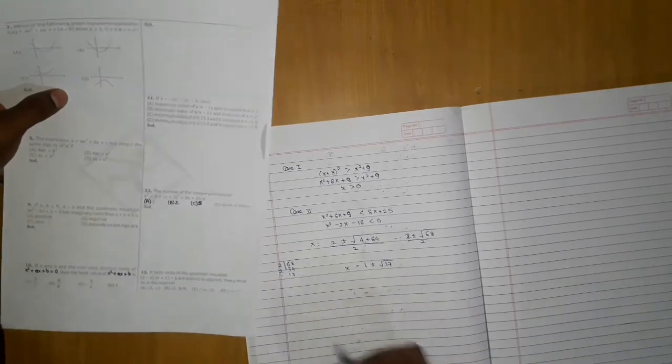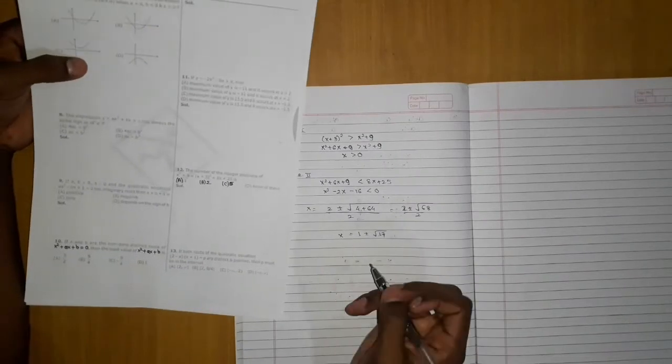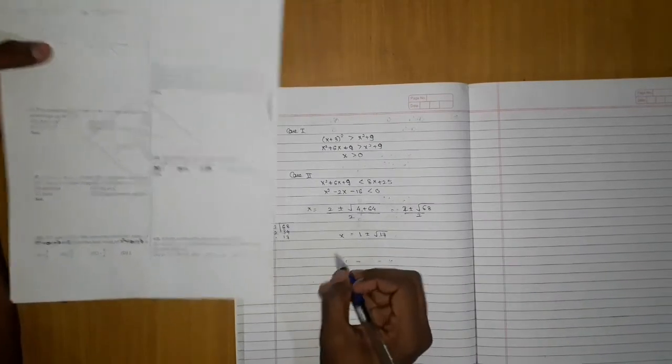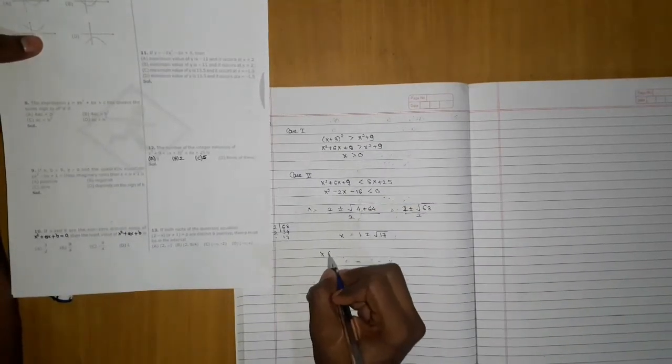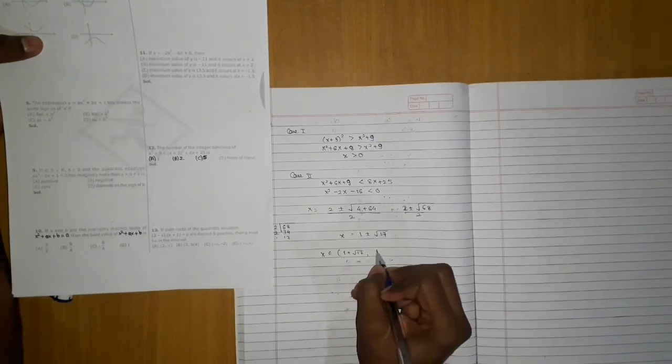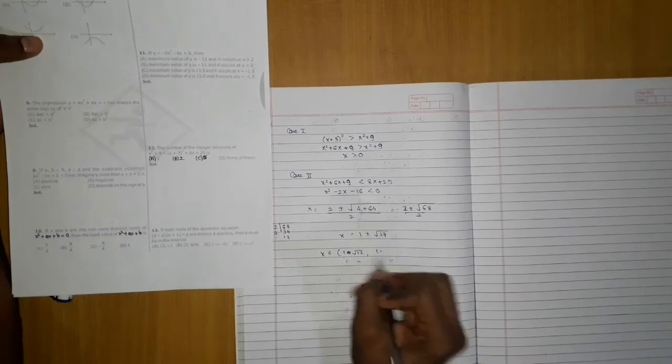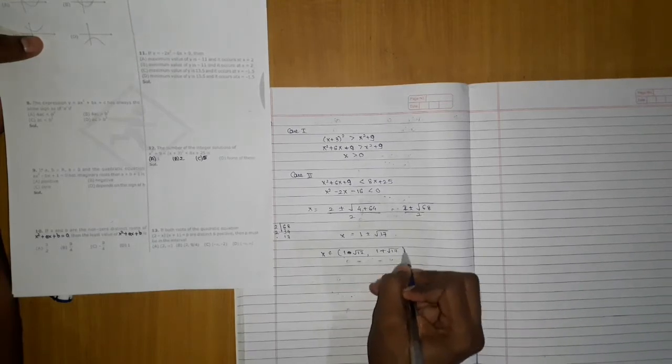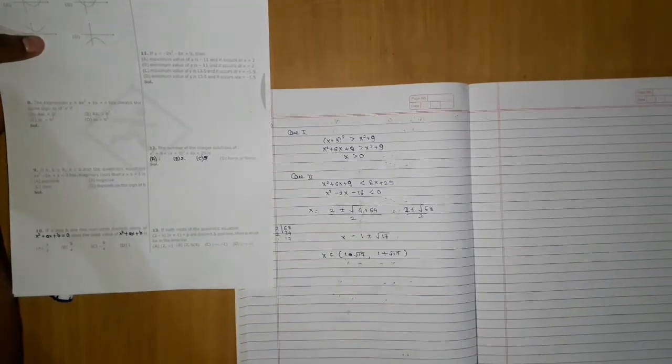So we got x equal to 1 plus minus under root 17 as our answer, and x belongs to the interval from 1 minus under root 17 to 1 plus under root 17. This is the answer we get by solving this inequality.